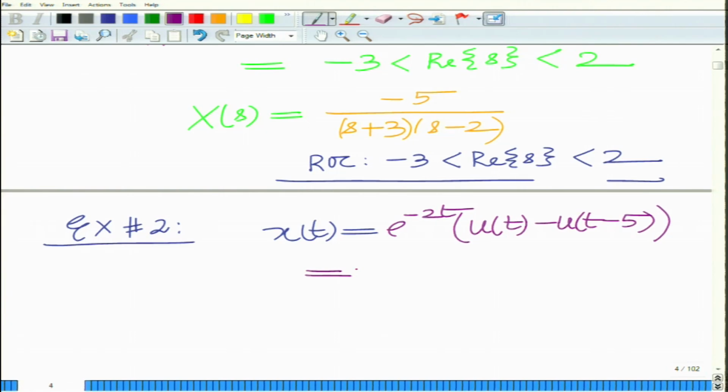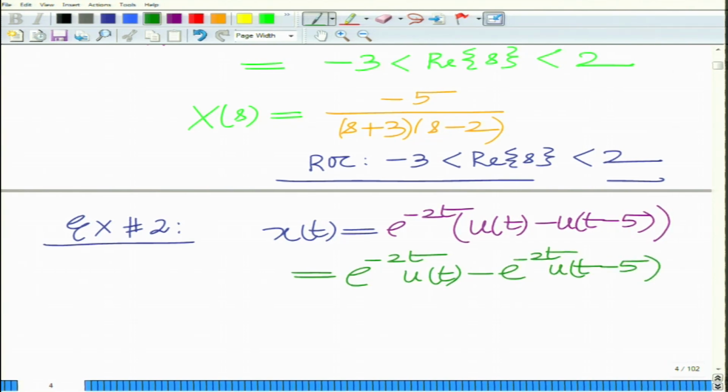Now let us look at this. Let me simply write this as e raised to minus 2t u(t) minus e raised to minus 2t u(t minus 5).